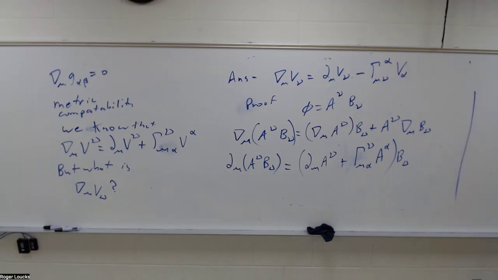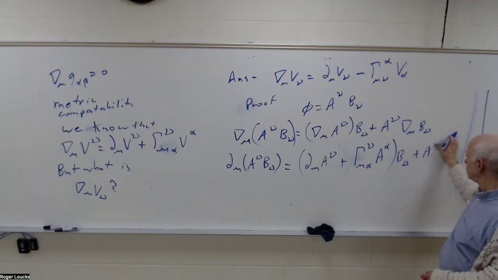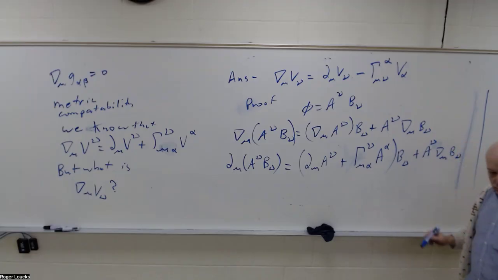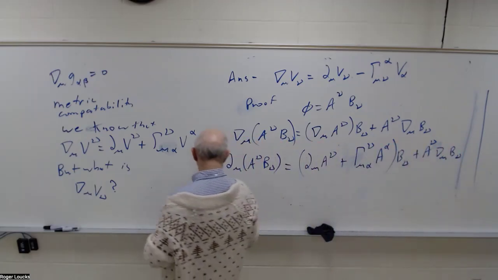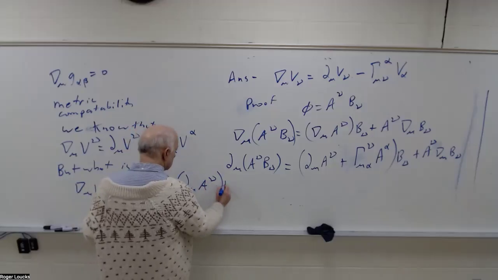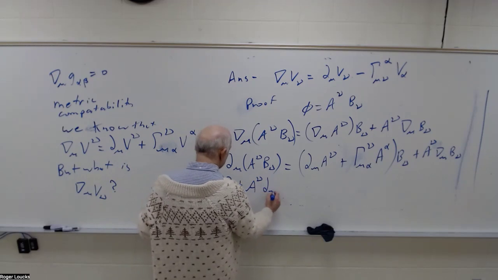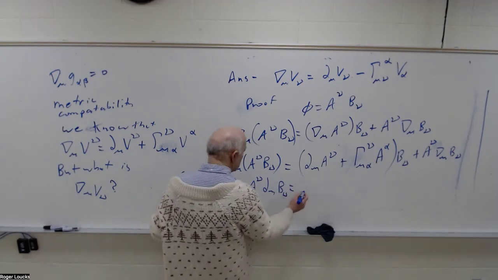Okay, what is this guy here? This guy here gives me partial mu a nu b nu plus a nu partial mu b nu.